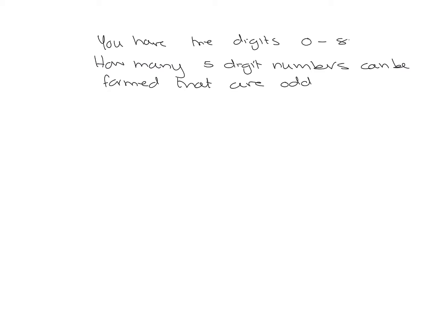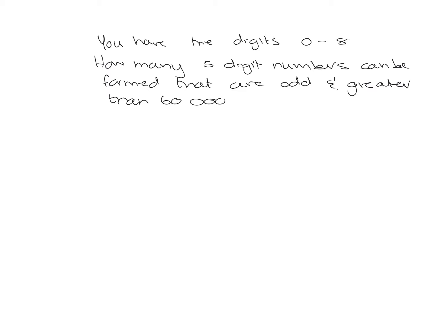How many five-digit numbers can be formed that are odd and greater than 60,000. Let's do 60,000 again.